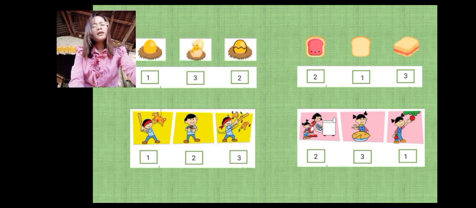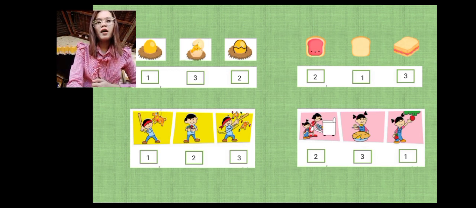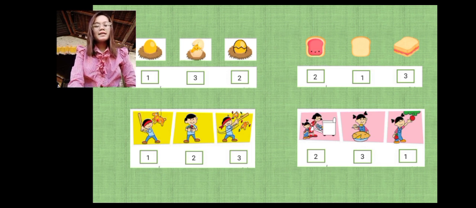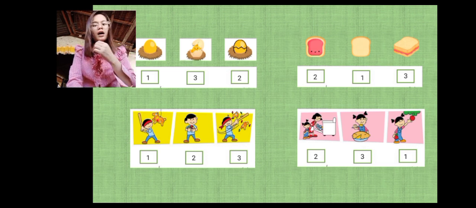Now I have a question. What is the sequencing of events? Okay, sequencing of events is a number of events or things that come one after another in a particular order. Next question: why is it important to properly observe the organization of events in our daily lives? Very good too.